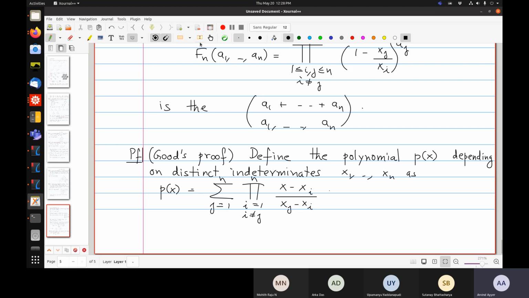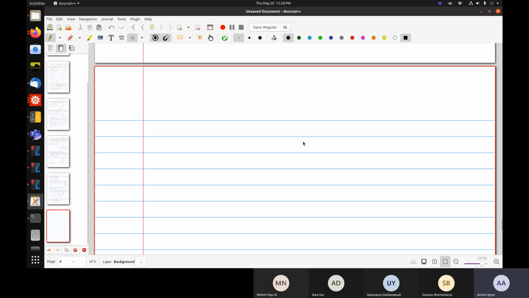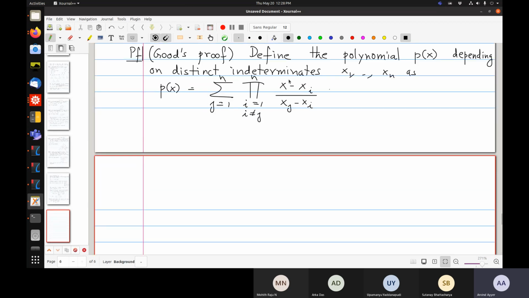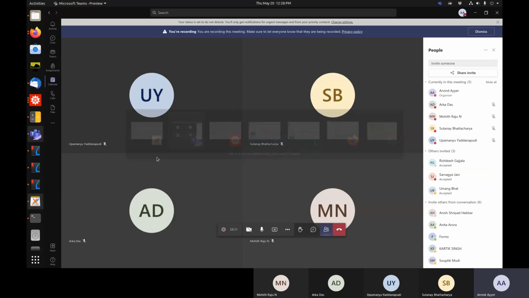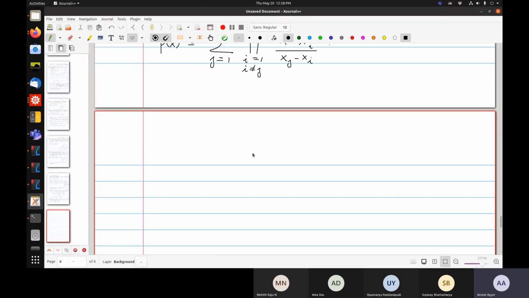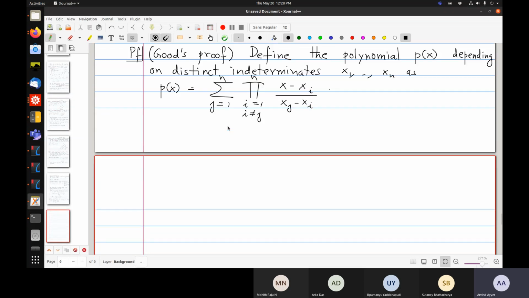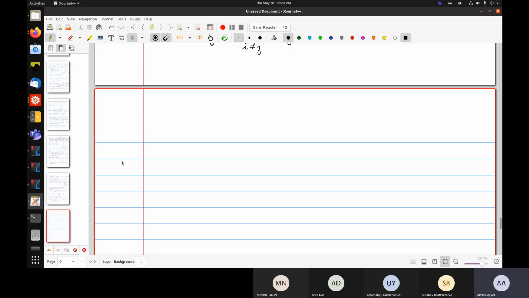Okay, and so it's a polynomial in x. It has all these parameters, and they are distinct, so there's no problem with them. Some of you might have seen such polynomials in Olympiad type problems.